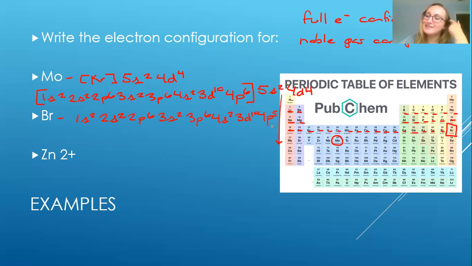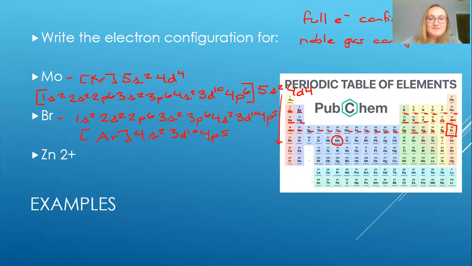Scholars, if you were like, you know what, I'm not going to do this, Ms. Beglin can have fun. The noble gas configuration for bromine is argon, because that's the one before. 4s2, 3d10, 4p5.